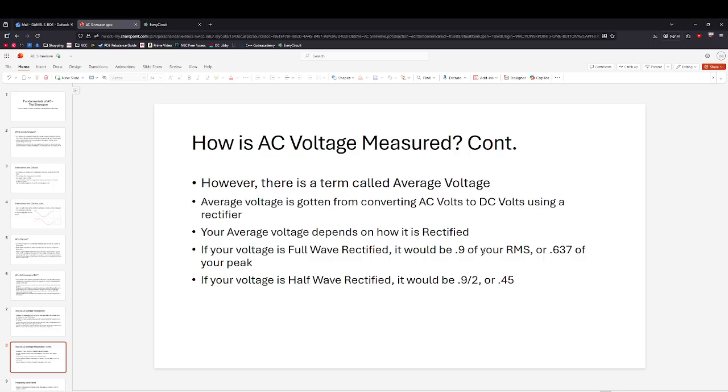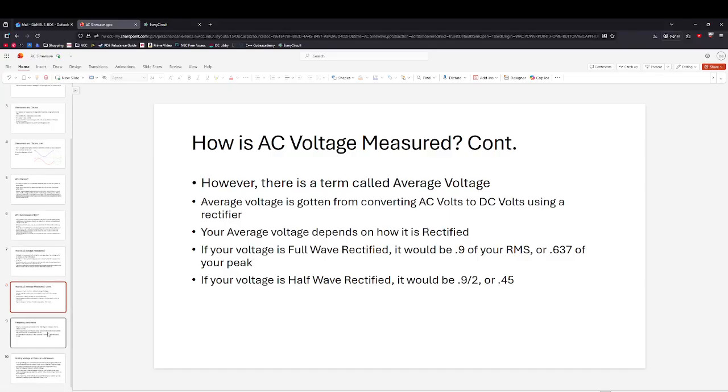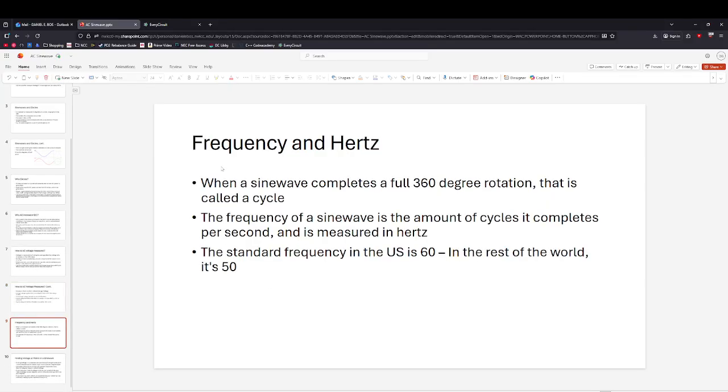I explain that here as well. Your average is 0.9 of your RMS, or 0.637 of your peak. And your half wave is then that 0.9 divided by 2, or 0.45. I don't have the full number for that, but I don't think we really need to worry about half wave rectification on this test.